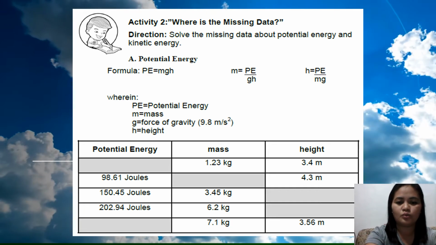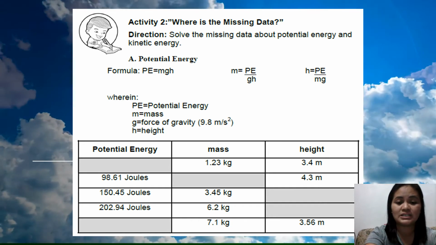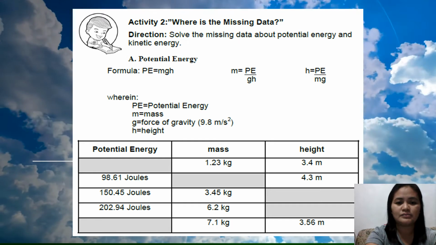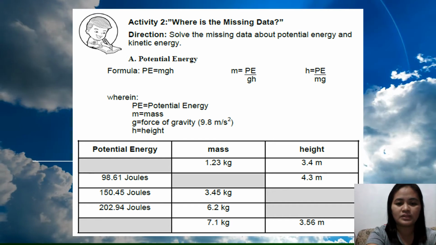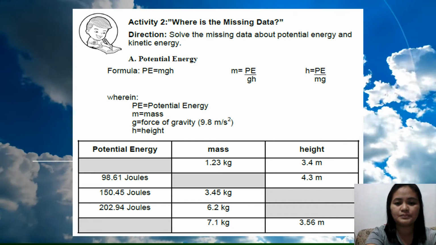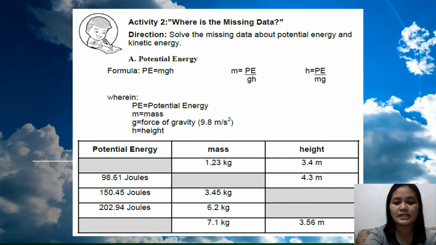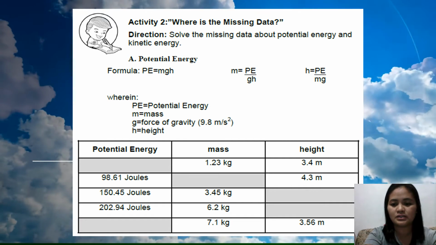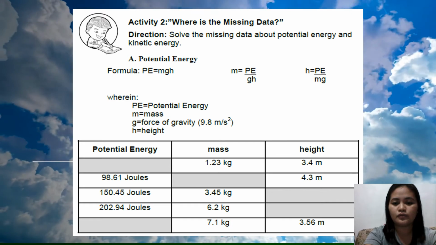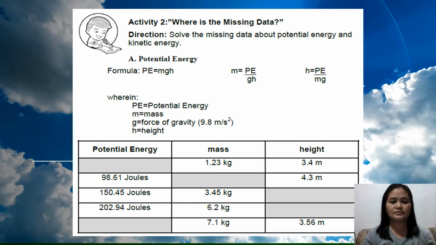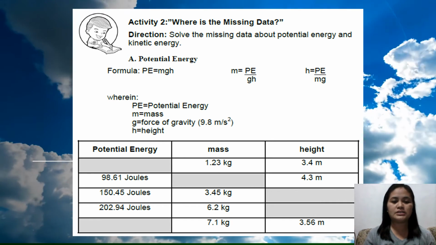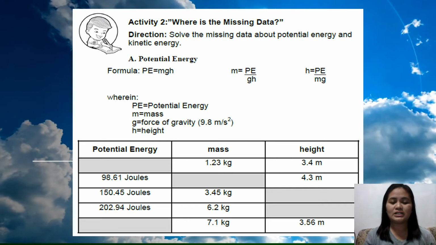Ano yung mass? 1.23 kilograms times G. Ano yung G? 9.8 meter per second squared times height, which is given in the first row, 3.4 meters. Yung masosolve mo dyan, that is your answer for potential energy.